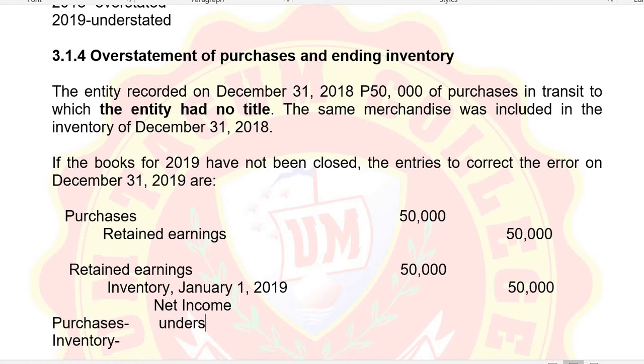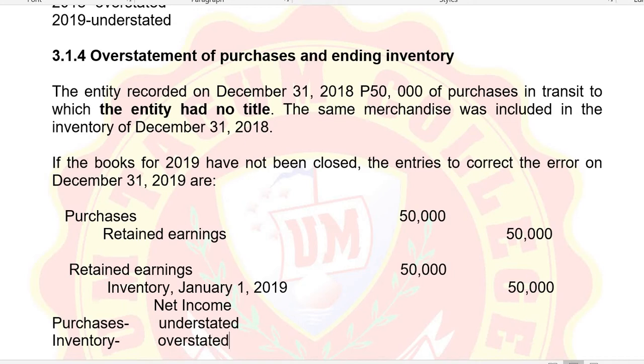And your ending inventory is also overstated. If ending inventory is overstated, cost of goods sold is understated, and net income is overstated. That's for 2018.